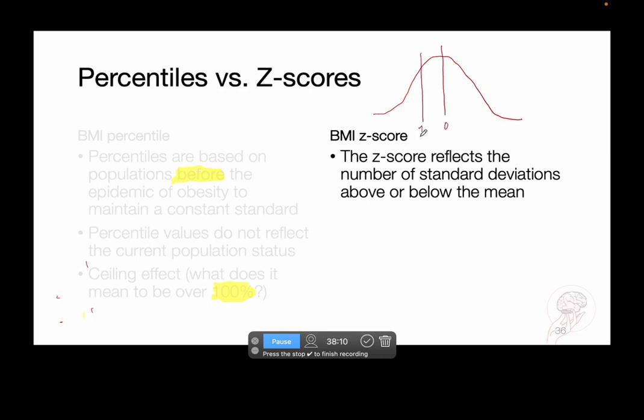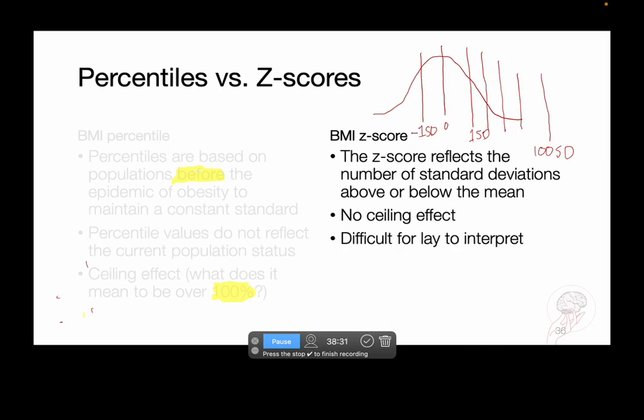There's one standard deviation, and that would be negative. And we have one standard deviation positive. And we can keep going infinitely. This could be 100 standard deviations from the mean. So we don't have a ceiling effect, but it's difficult for a lay person to interpret standard deviations.